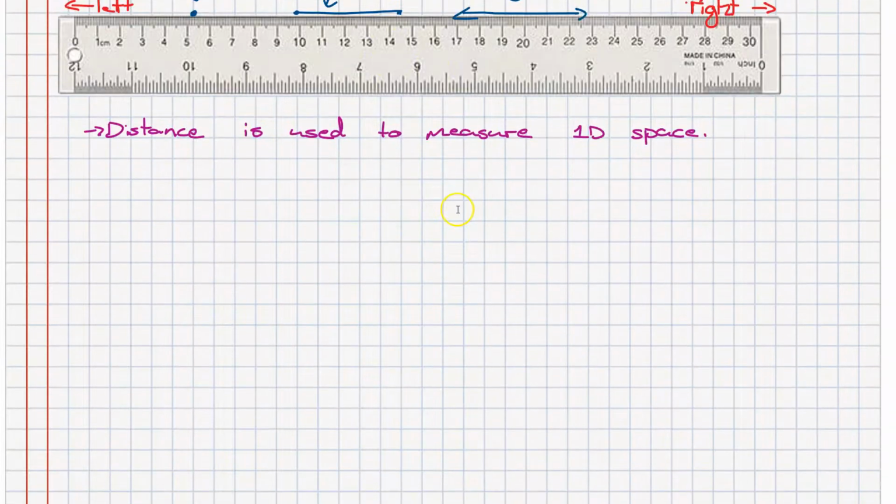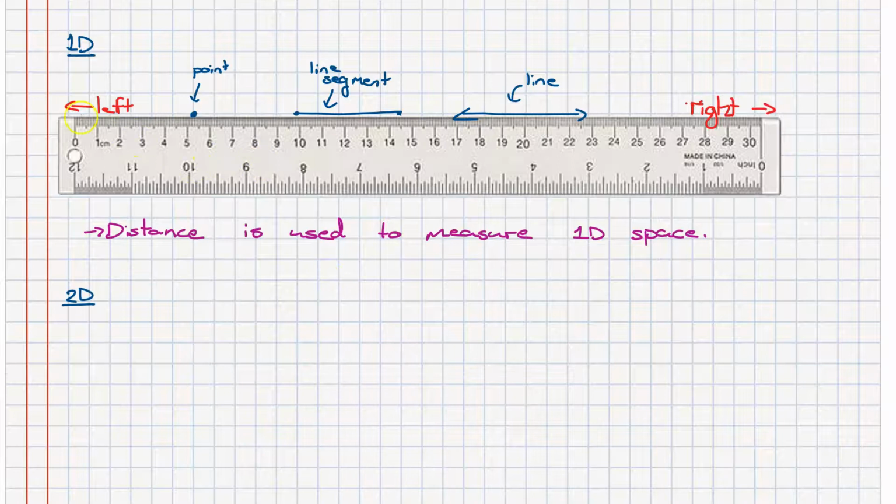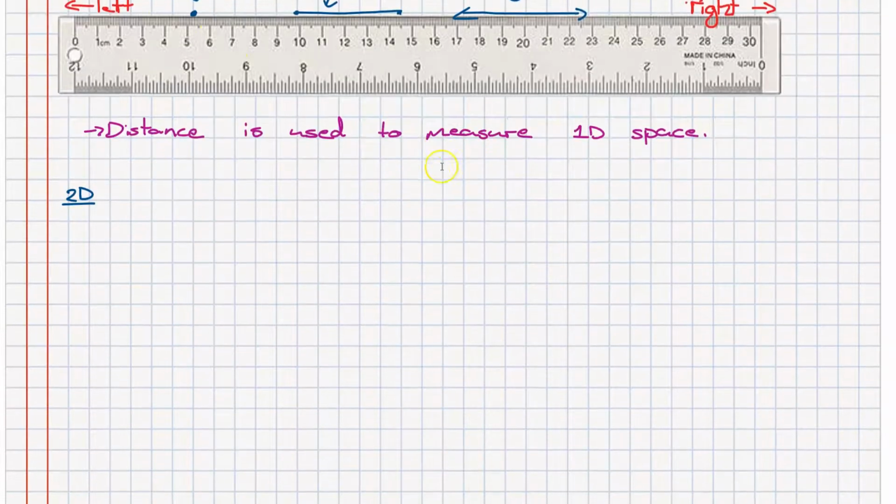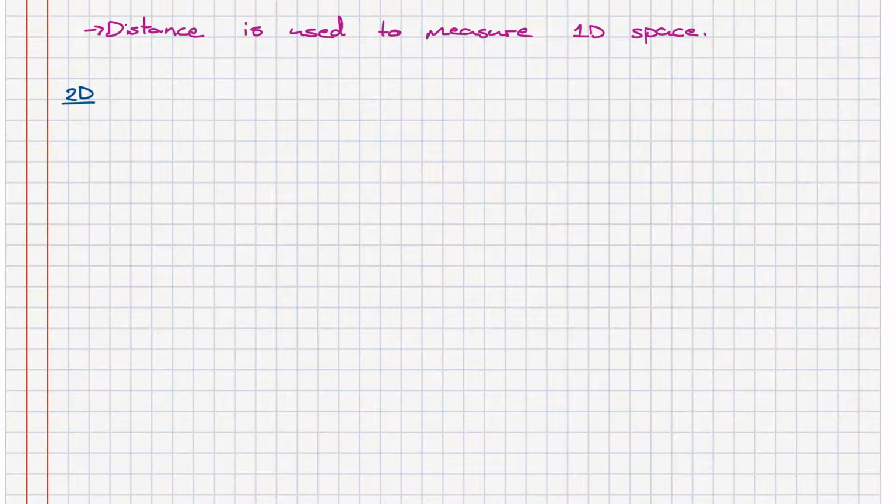Let's go down and think about, say, for example, 2D space. Now, up in the ruler, when we talk about 1D space, we're constrained to either moving in one direction or the completely opposite direction, so left or right or up or down. Imagine that we're not constrained to just moving up or down or left or right. Imagine that we can move both up, or down, left.